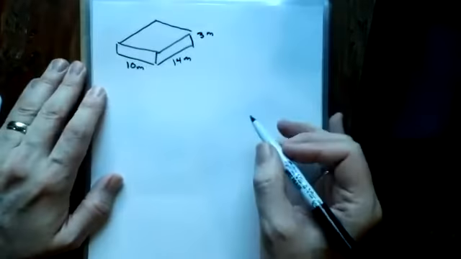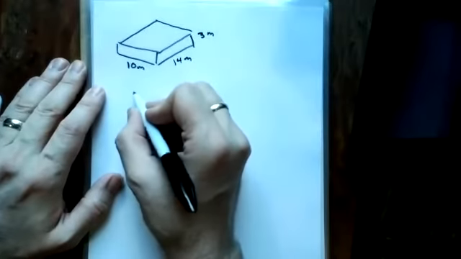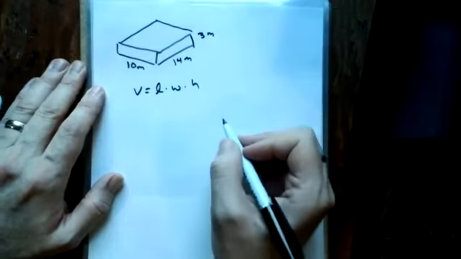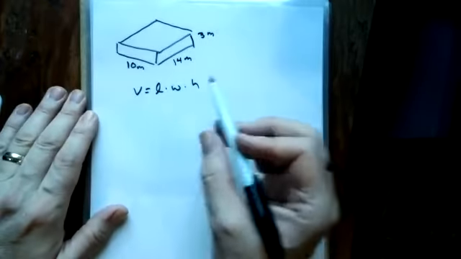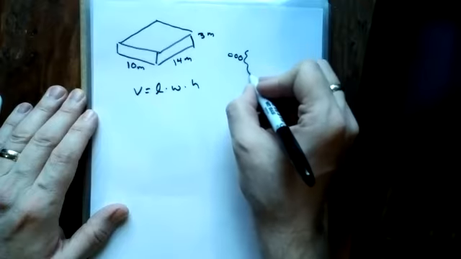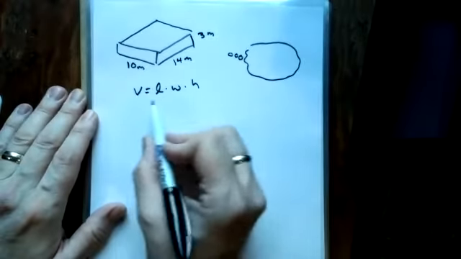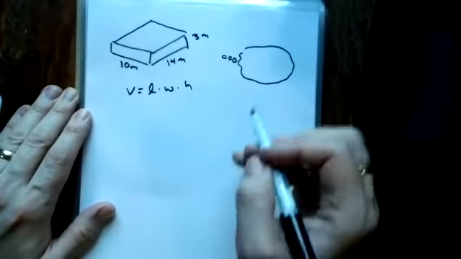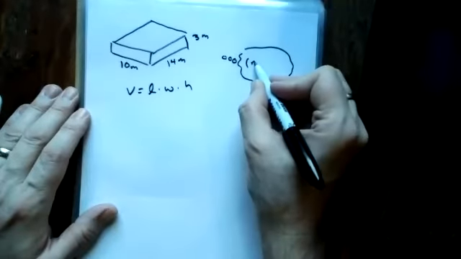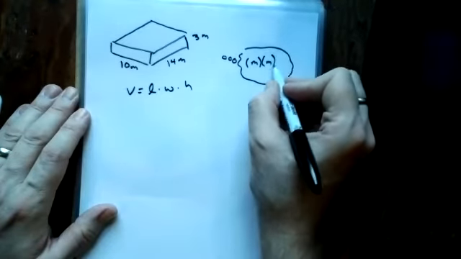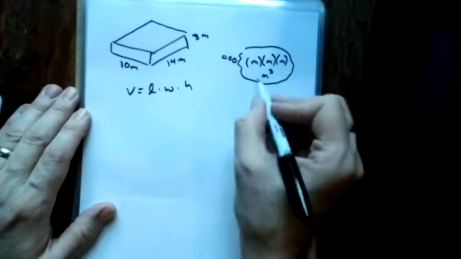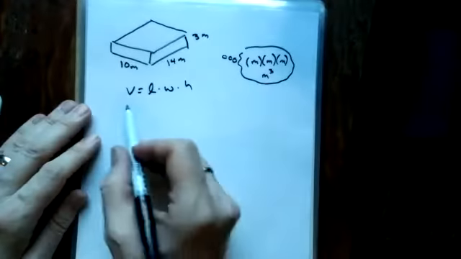So the formula is, our volume is our length times our width times our height. And looking at our units, I usually don't include our units in these calculations, but I like to think about them. That's going to be meters times meters times meters, which is cubic meters, which is a unit of volume.